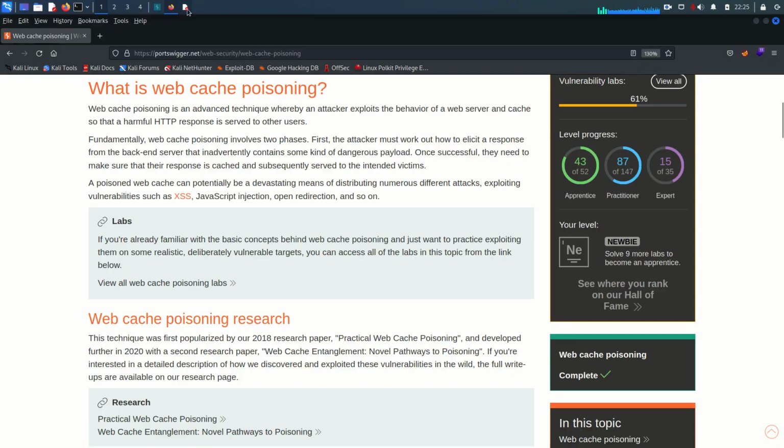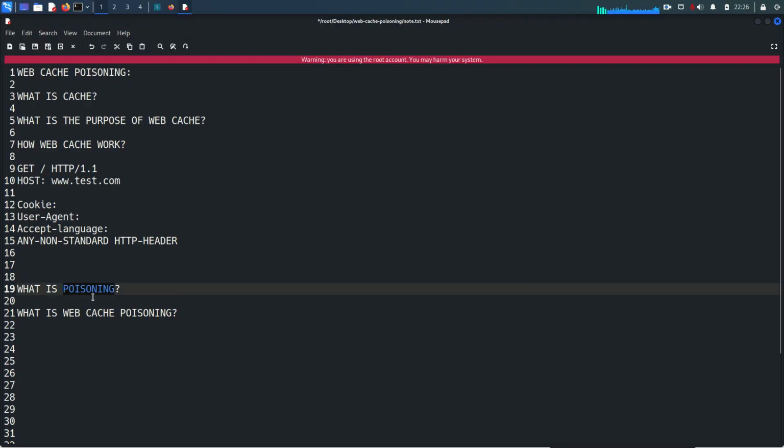Now the thing is, what is poisoning? Poisoning means to feed false or malicious information, and this is exactly what we are going to do. We are going to feed a malicious response into the cache.